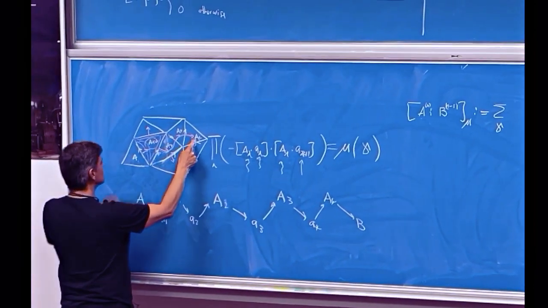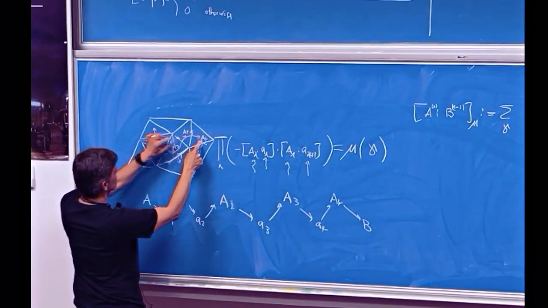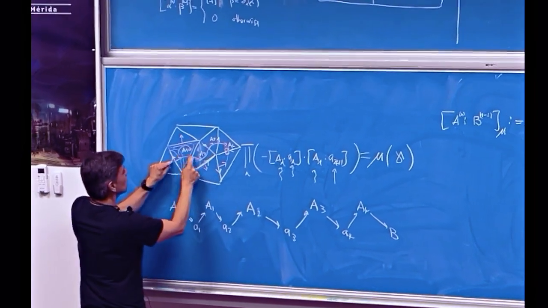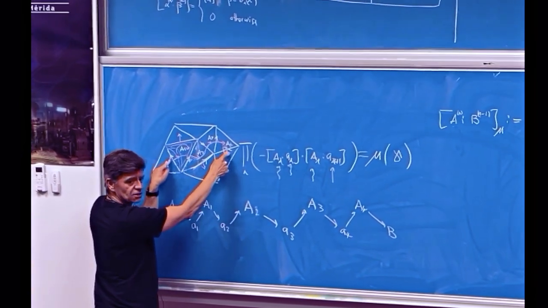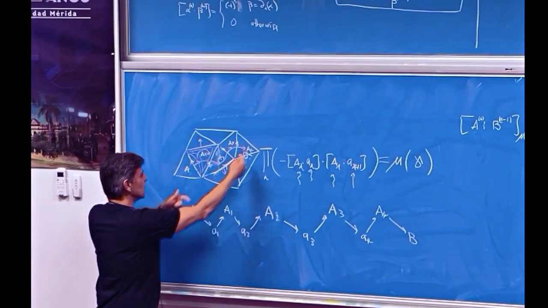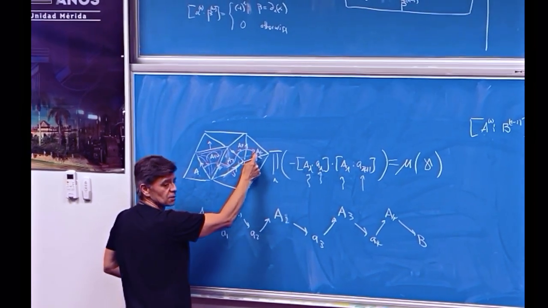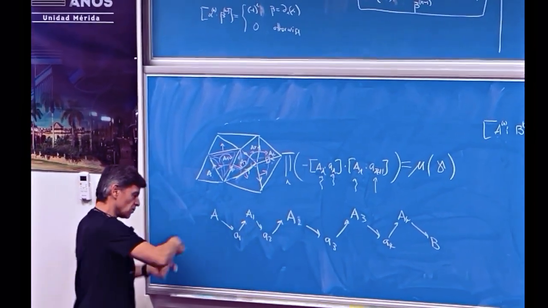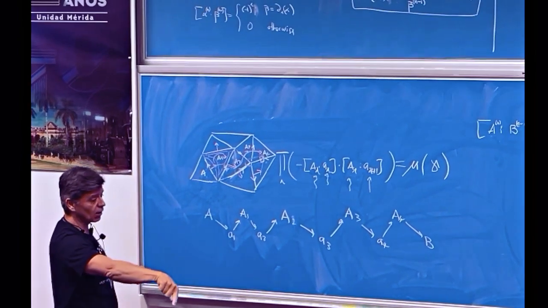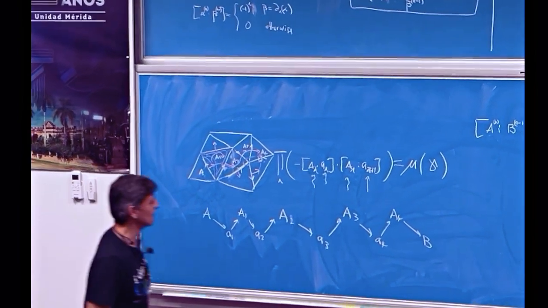Here's one way in which this is attached, but here's another way of attaching it. If you make the counting, they will adjust. When you come here, it comes in this direction, and then it comes that direction. So at the end, they both cancel.